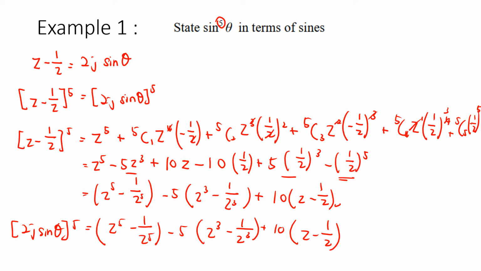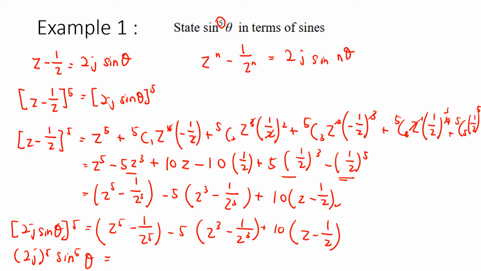So (2j) power of 5 sine power of 5 theta equals, here you compare with definition 2.13, z power of n minus 1 over z power of n equals 2j sine n theta.